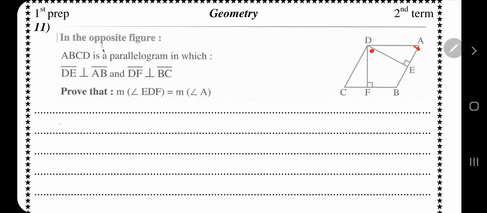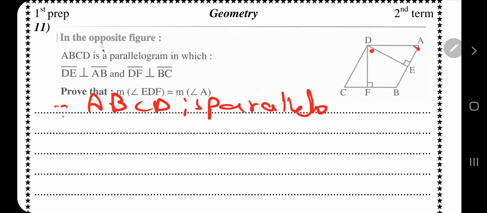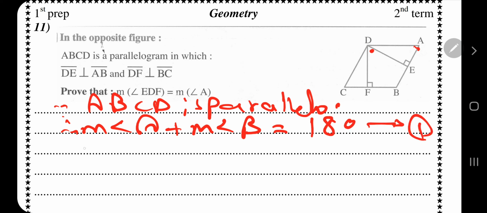As you know, since ABCD is parallelogram, then measure of angle A plus measure of angle B equals 180. This is number one.